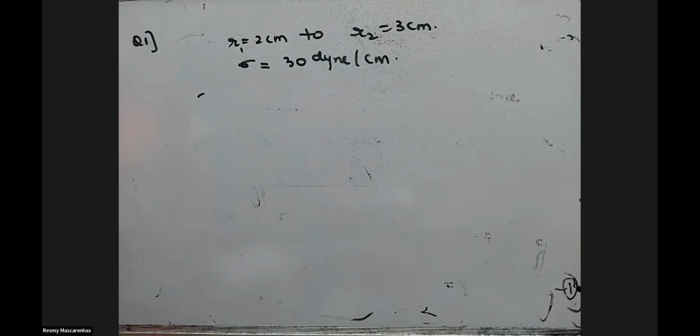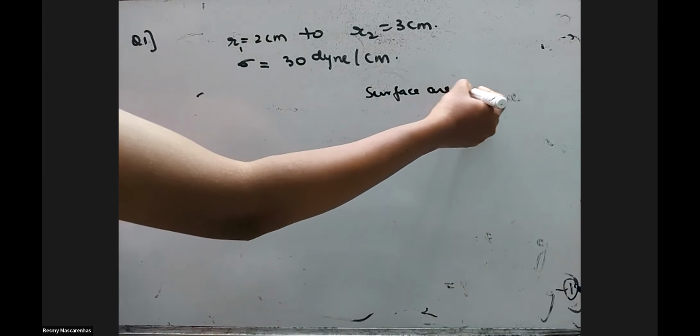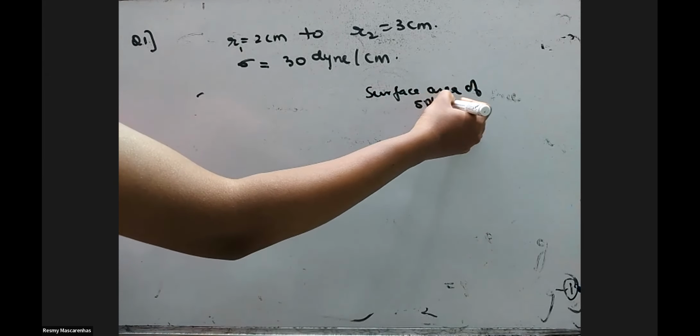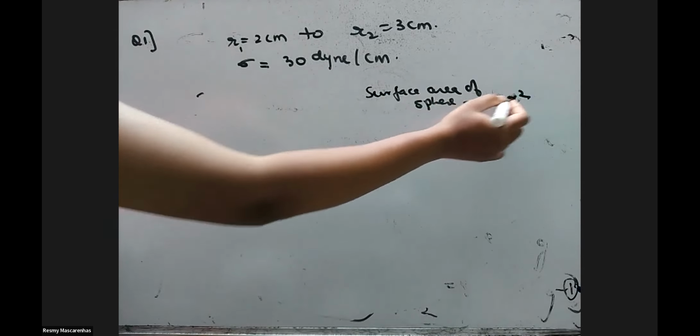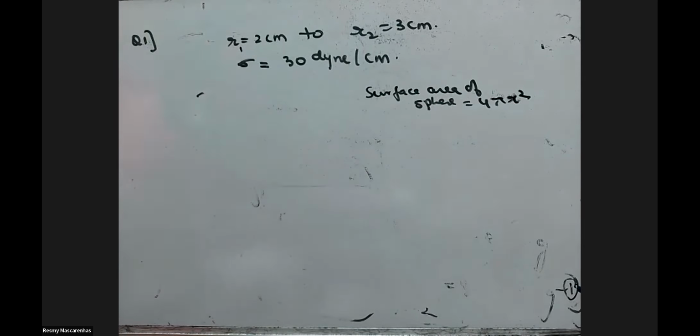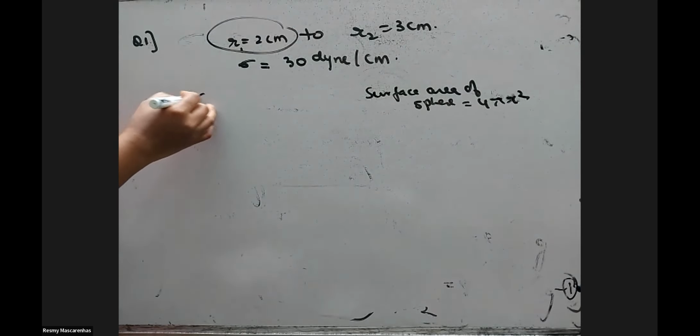The surface area I can consider is 4 pi r square. This is the formula. So you can calculate, substitute for the first one. Initial surface area I can consider.